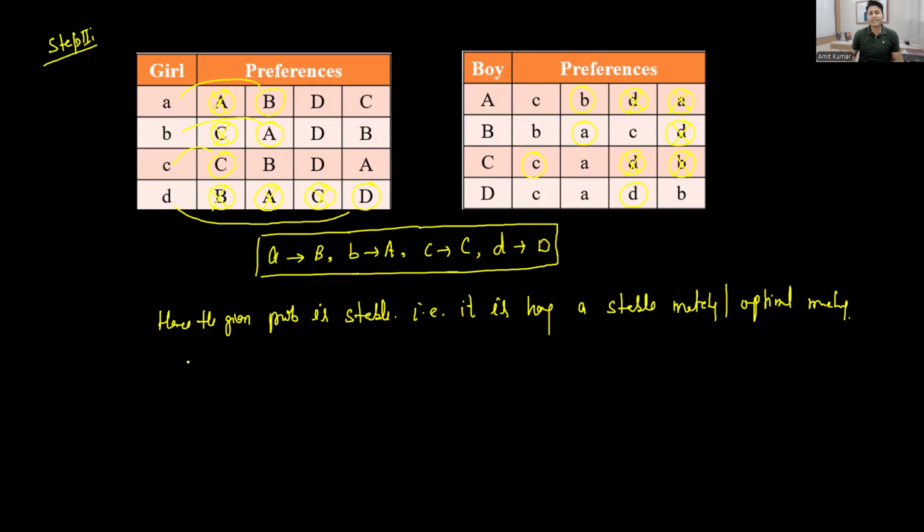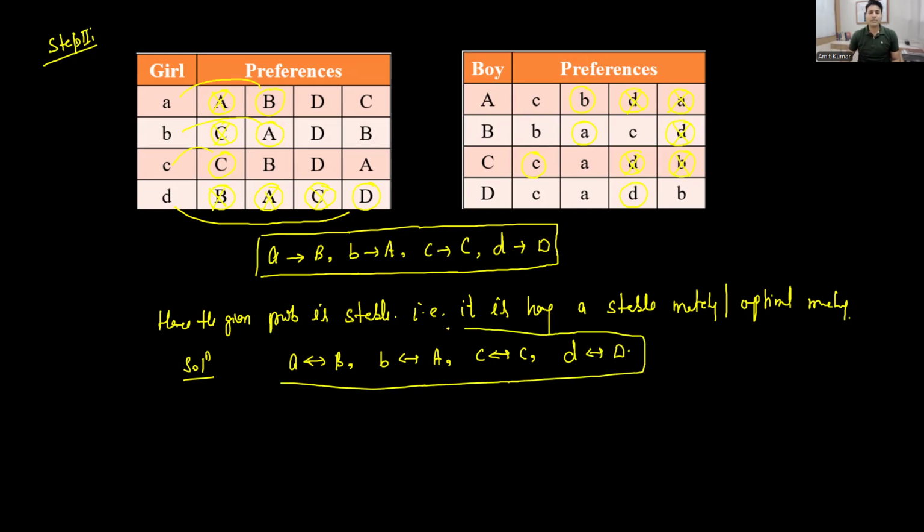And what is that matching? That solution is A is supposed to be set with B, and B is supposed to be set with A, C is supposed to be set with C, and D is supposed to be set with D. This is what the solution of this problem is.